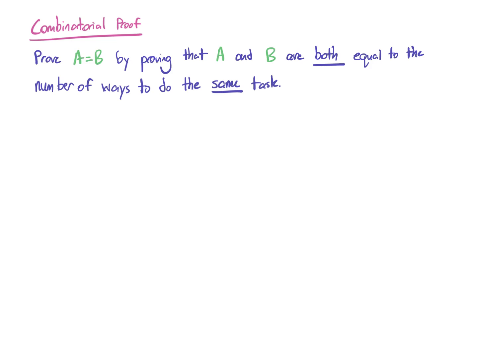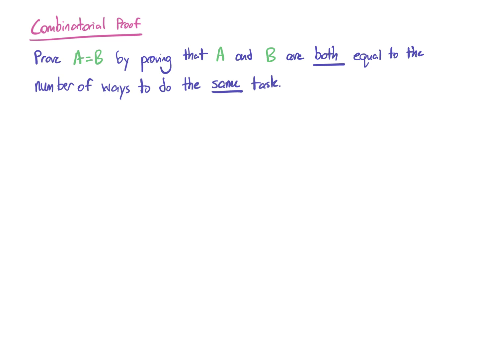The way that combinatorial proof works is we have two things, A and B, usually two numbers, and we want to prove that A and B are equal to each other. So we want to prove something of the form A equals B, where maybe A and B are two numbers specified by very complicated formulas.